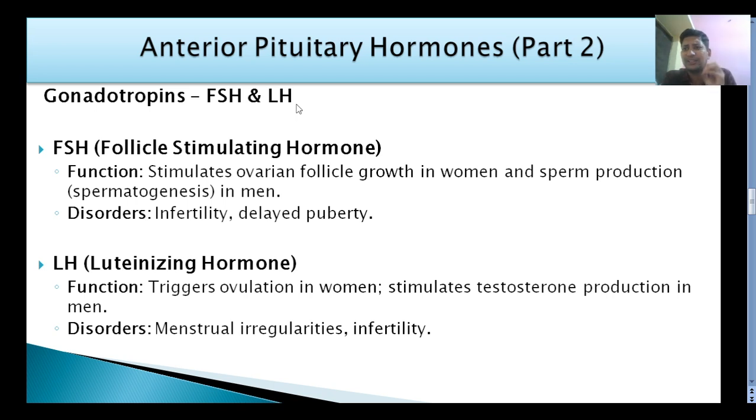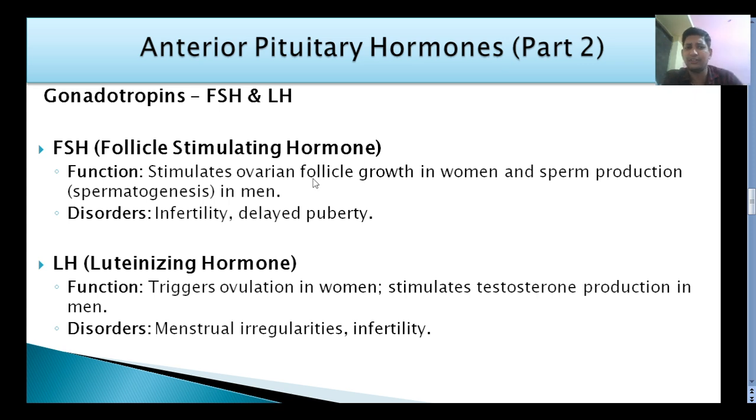Now, coming to the gonadotropins, that is FSH and LH, very important. For competitive exams, they will give a multiple choice question like, identify which are the gonadotropins. There are two gonadotropins, luteinizing hormone and follicle stimulating hormone. Now let us study FSH. This follicle stimulating hormone stimulates the ovary. We know that the ovary contains different follicles like primary, secondary, tertiary follicle, Graafian follicle, corpus luteum.